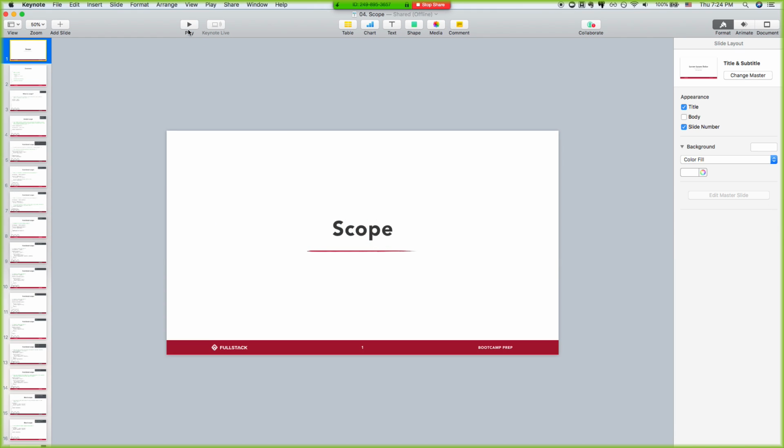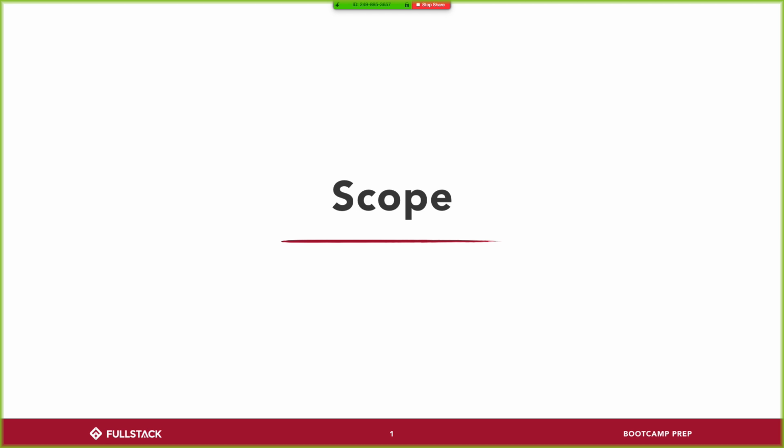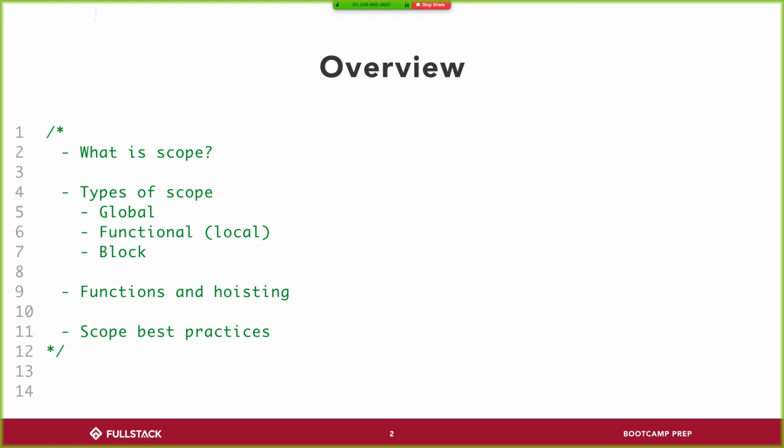It'll be used in all facets of your coding career, and it can get very advanced. Using this can allow you to do a lot of very cool things. Basically, we'll go over the different types of scope, what scope actually is, and some best practices.